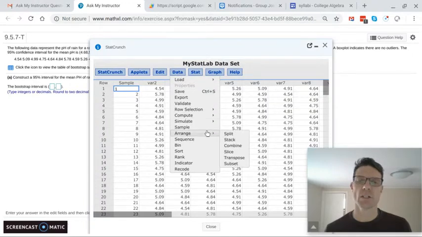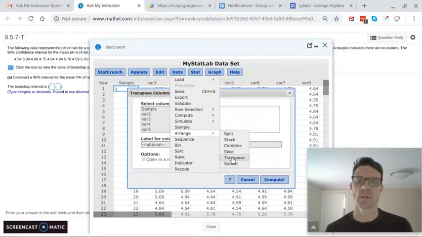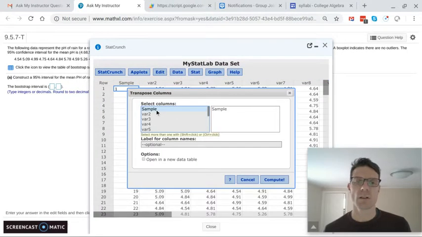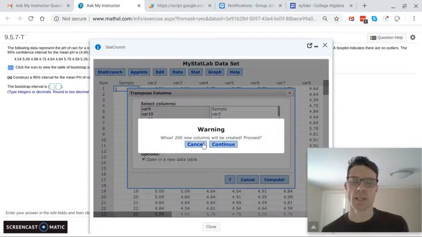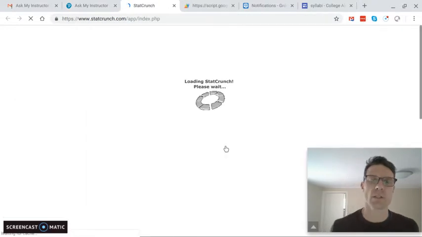If you go down to a range here, you transpose it, you can turn the rows into columns. You just select all of them and say open in a new data table. And it's like, whoa, you got 200 columns, that's a lot. But you still hit continue.